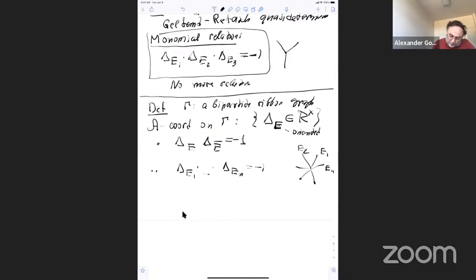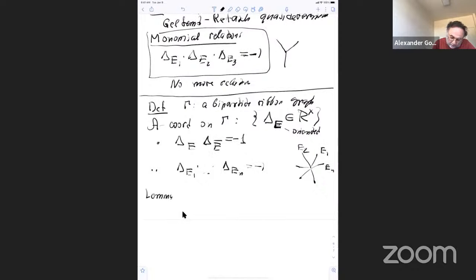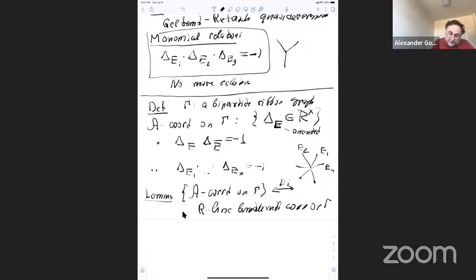And then it's very easy to see, it's a kind of lemma, important but very easy, that this kind of numbers, A coordinates on gamma, are in one-to-one correspondence with rank one line bundles with connections on the graph gamma, with the very important condition that they are trivialized on each zigzag.